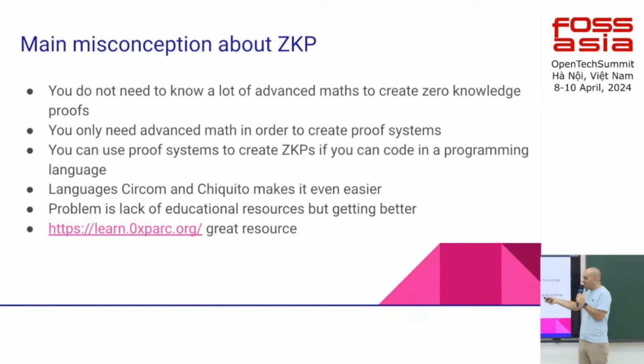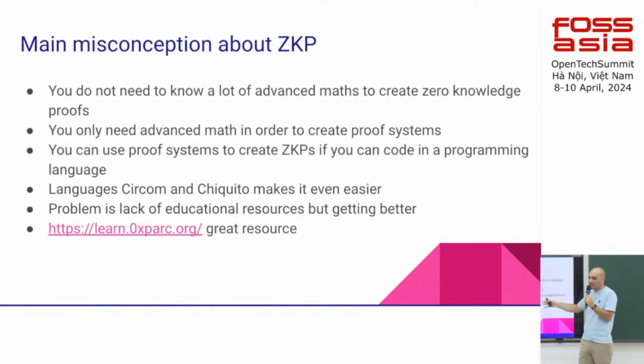You need this advancement to create the proof systems, but in the same way that someone can learn Python without really knowing how microprocessors work. You need the known math to create the proving system, which is like the CPU, but you have things closer to Python, although not that far.